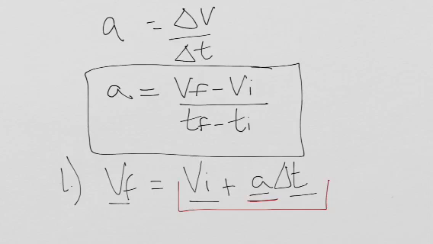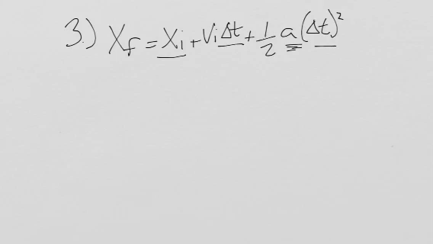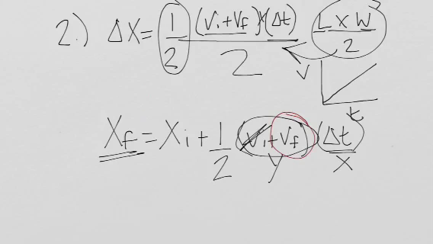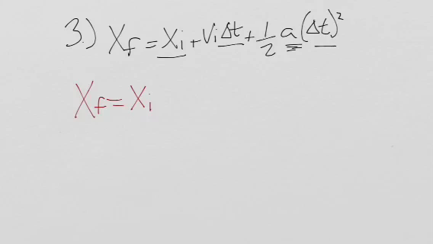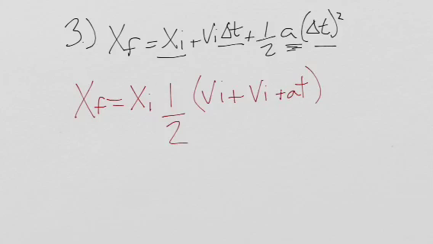So that's why we end up having, instead of x final is equal to x initial plus, or sorry, 1/2 multiplied by 1/2 vi plus vi plus at. That's two vi's?